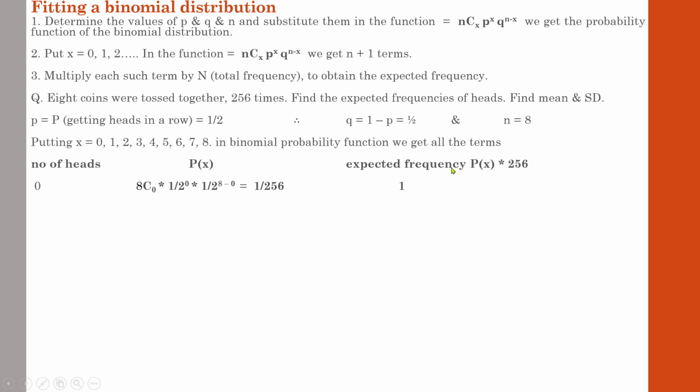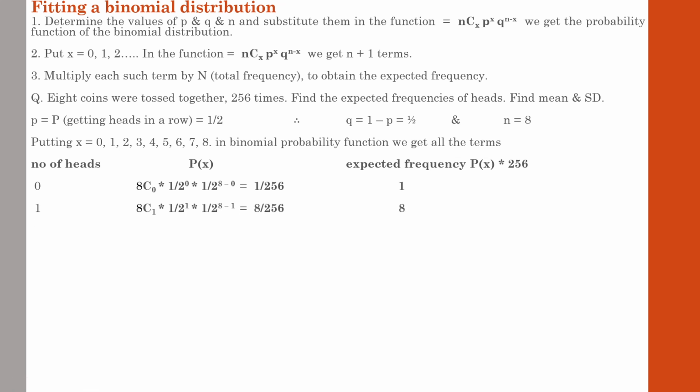So expected frequency is P of x, which is 1 by 256 into N. In this case, the capital N is 256 times. So 1 by 256 into 256, you will get 1, because 256 and 256 cancel and the remaining value is 1. That is how you have to find the expected frequencies.